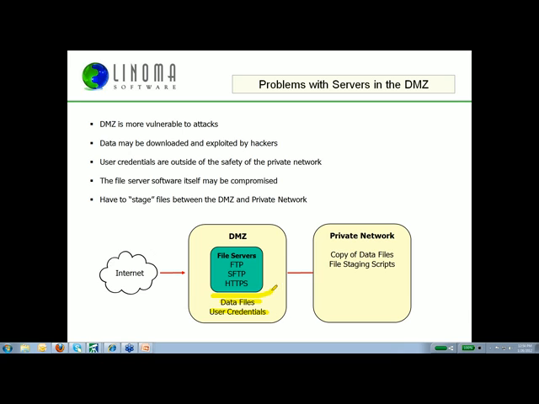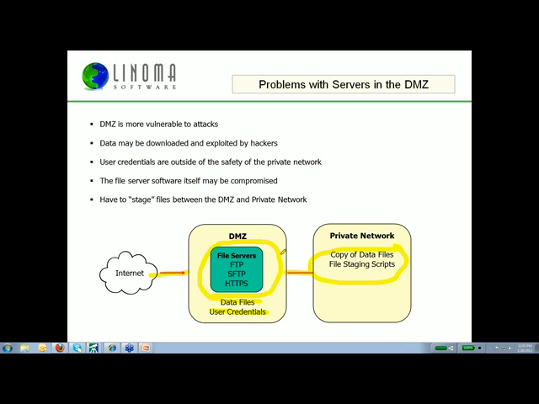They have their public servers sitting out there that their trading partners connect to, and once files come in they're staged there and then have to be copied up to the private network. So there's scripting that has to be done to move those files up and get them in the right places.